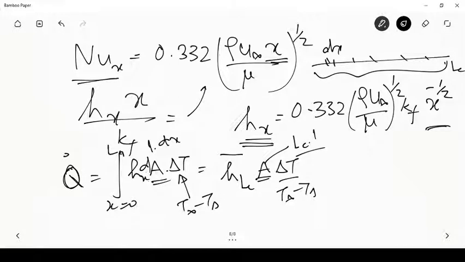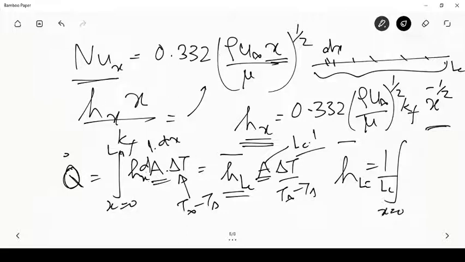Okay, so if I define h bar at Lc, that is the average heat transfer coefficient over the length, it will be equal to 1 over Lc integral from x equal to 0 to Lc of h x dx, because delta T will get cancelled.